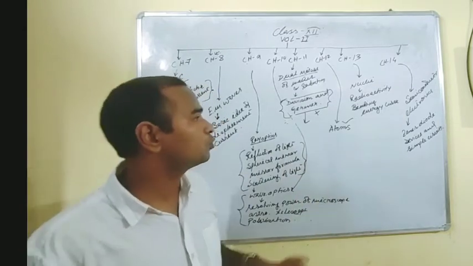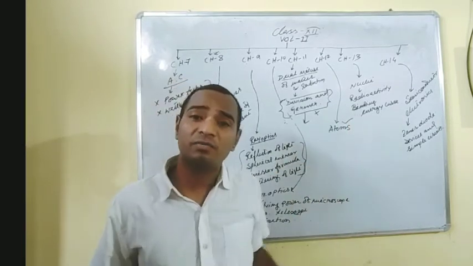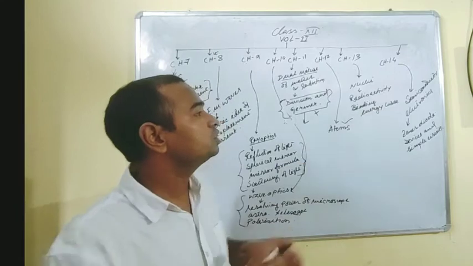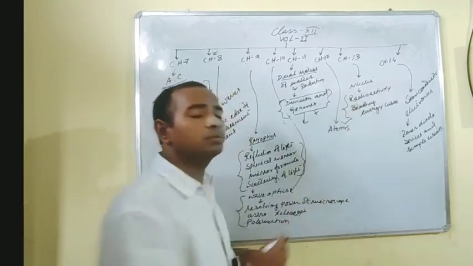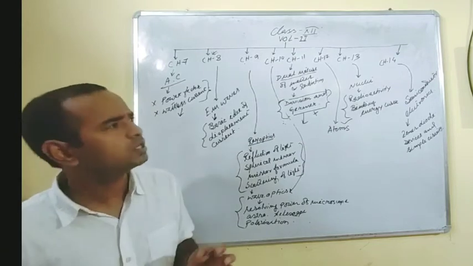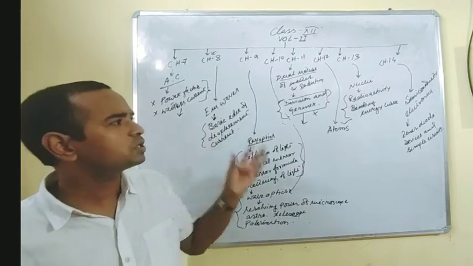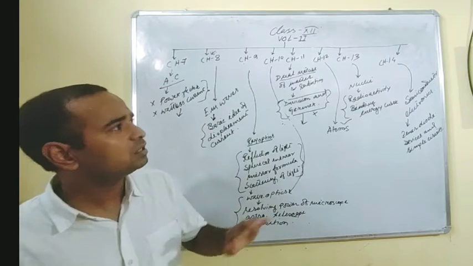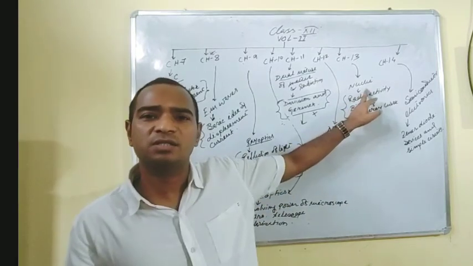Also the binding energy curve has been removed, so you need not learn this, but you have to learn the mass defect, size, charge and properties of the nucleus. So almost 50% of the nuclear part has been deleted.